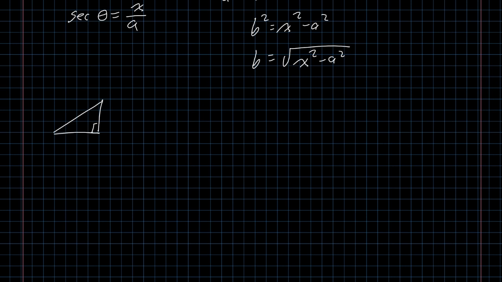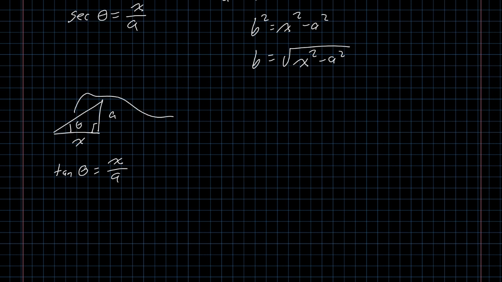All right, so now that the hard one is out of the way, let's take a look at a triangle where we have these two sides. This is the opposite and adjacent legs. The relationship between those two legs is the tangent, so tangent of theta is equal to x over a.